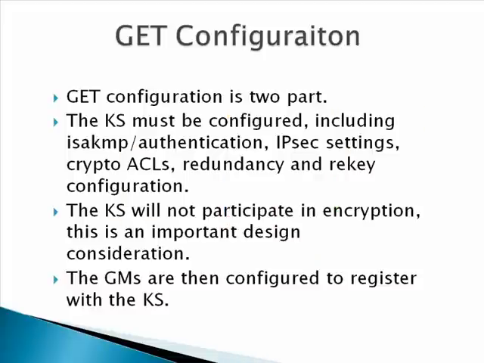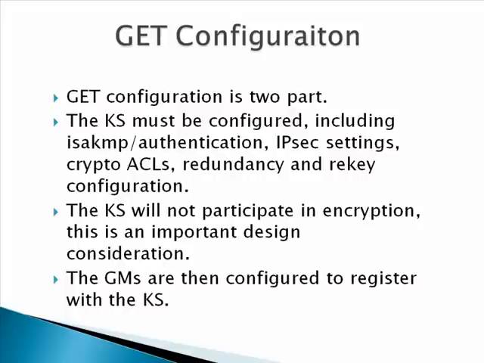Okay, so we ran through fairly quickly there the technology, generally how it works. So now let's take a look at the configs and how this gets configured. So it's really a two-part configuration. The first part is the key server.